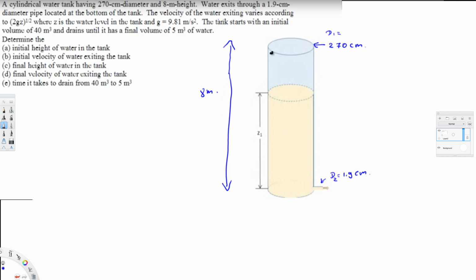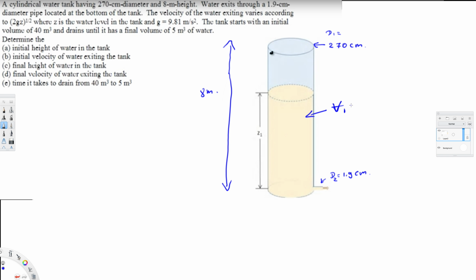Then what else do we have? The 1.9 diameter pipe is located at the bottom of the tank. The velocity of the water exiting varies according to (2gz)^(1/2), where z is the water level in the tank and g is the acceleration due to gravity. The tank starts with an initial volume of 40 meter cubed. I'm putting this sign, V1, because we are going to deal with velocity and volume.